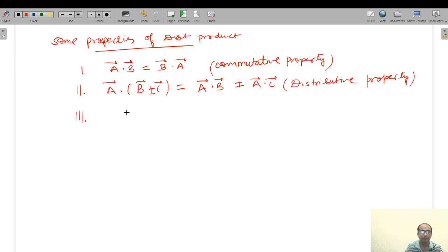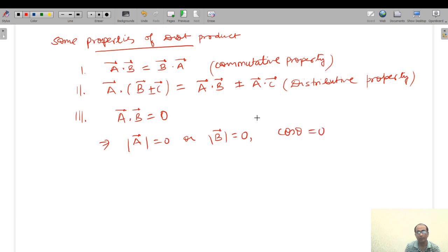Third point: if A dot B is equal to 0. So if A dot B is equal to 0, this is very important. If this is 0, what does that mean? Either this magnitude is 0 or this magnitude is 0 or cos theta is 0, right?